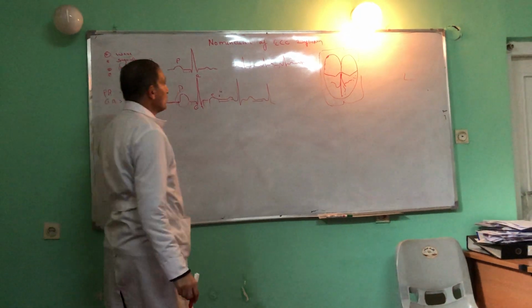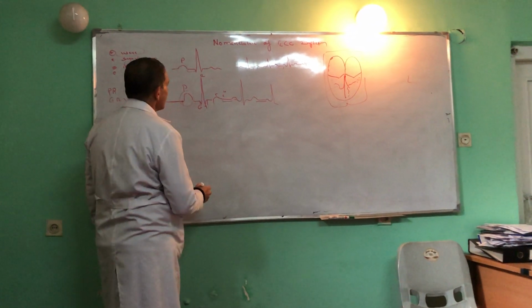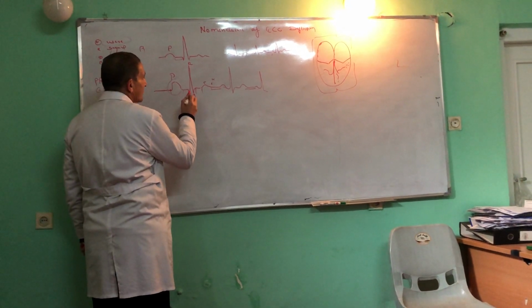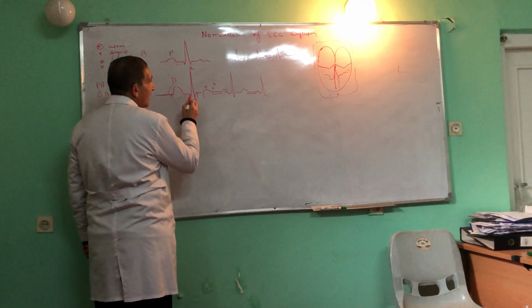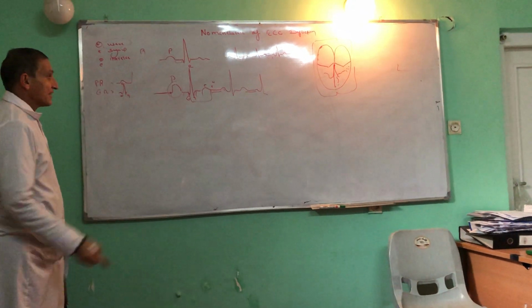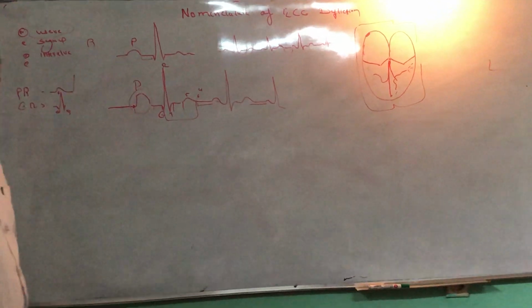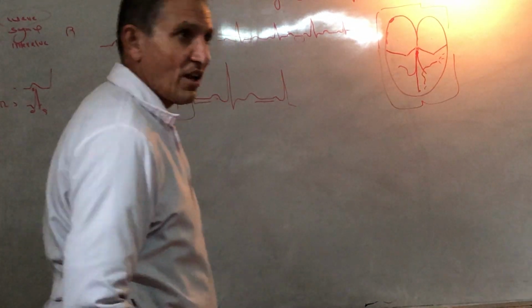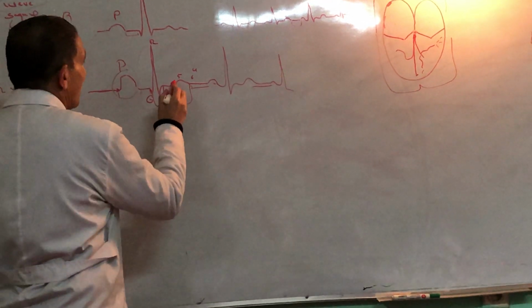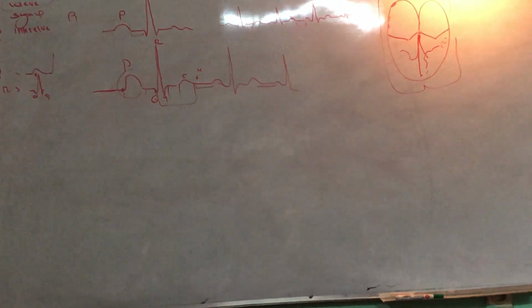Alright, now we come to the QT interval. What does QT interval mean? It starts from the onset of the Q wave to the end of the T wave. As I mentioned, wave plus segments or more than one wave together is also called an interval. Here we have the Q wave, R wave, S wave, and T wave, so more than one wave.